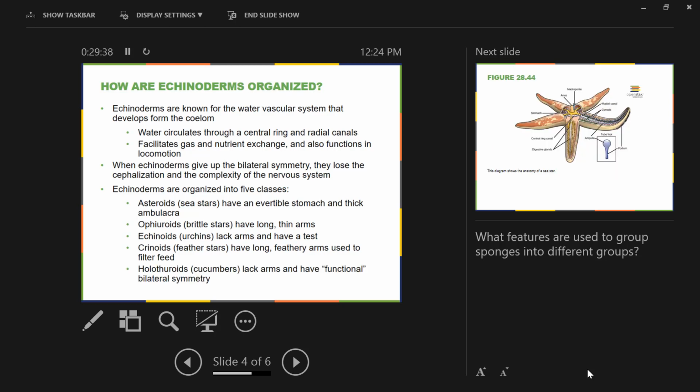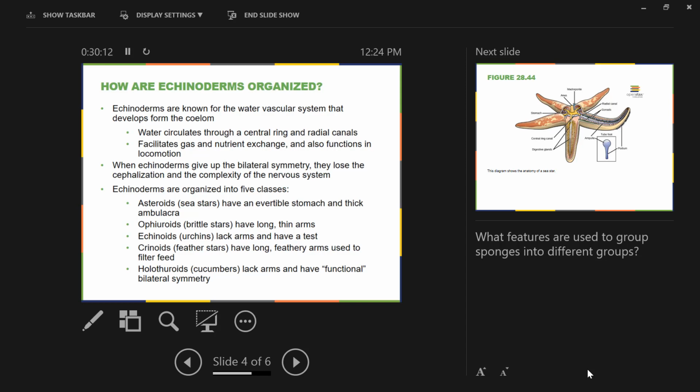And finally, holothuroids, cucumbers, lack arms, and they still have pentaradial symmetry, but they have what you would call a functional bilateral symmetry. They move in only one specific direction. Okay? Any questions about these 5 classes?